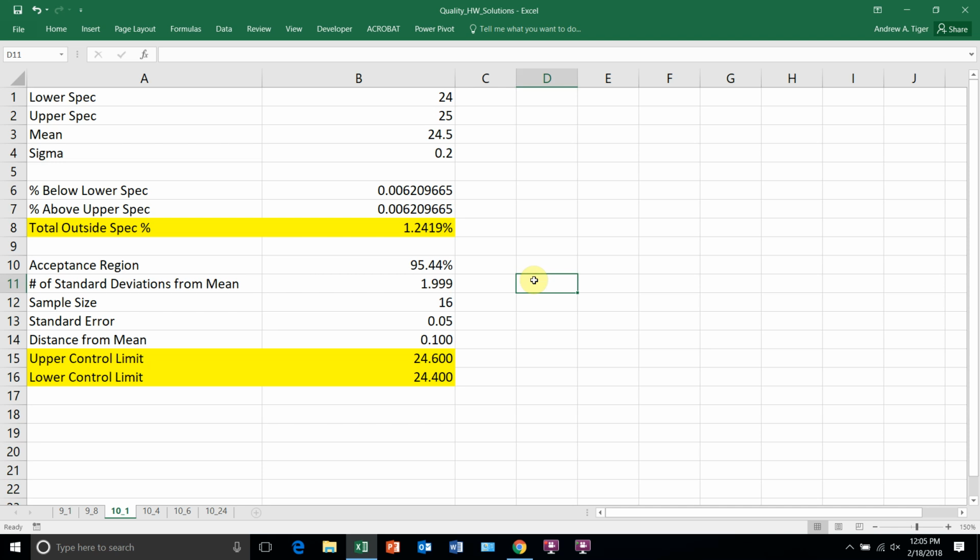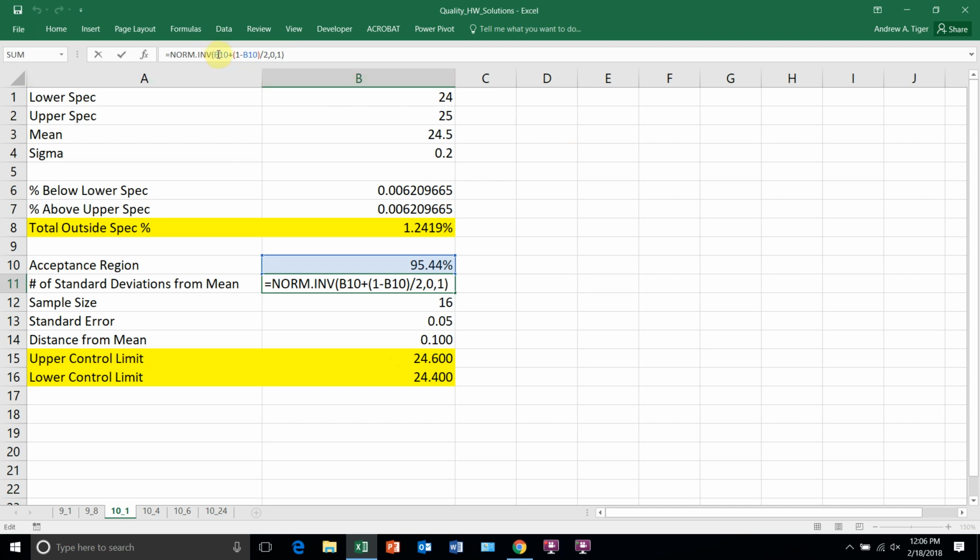The second part of the question is they want you to calculate control limits, or calculate the two values that 95.44% of the time you'll get points. The sample average will be between what two values. So they give us this, and the first thing I do is calculate how many standard deviations that band is.